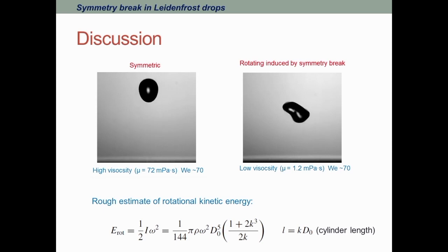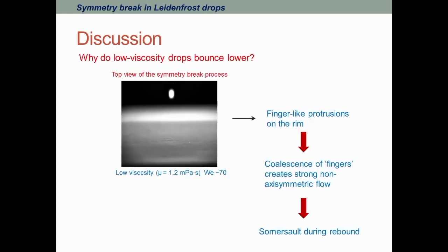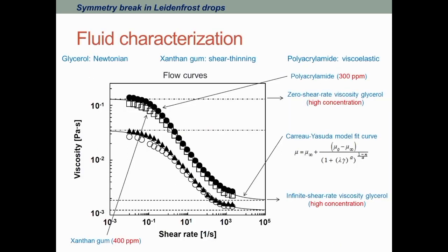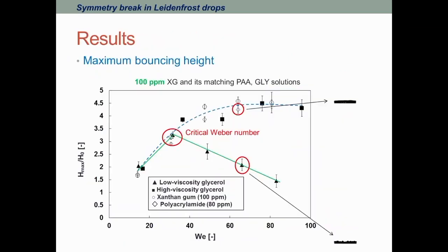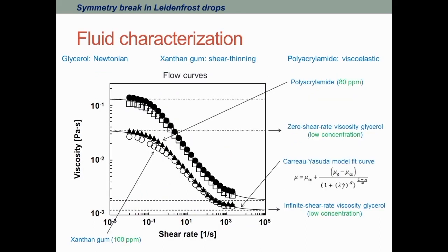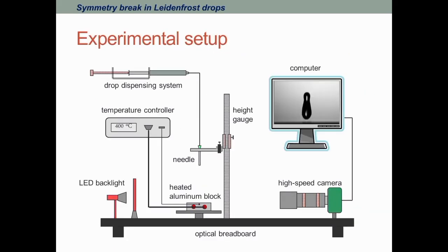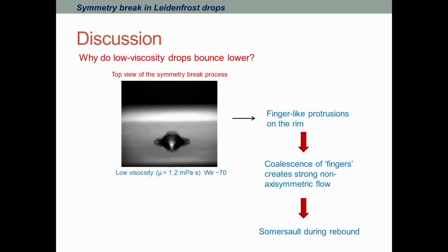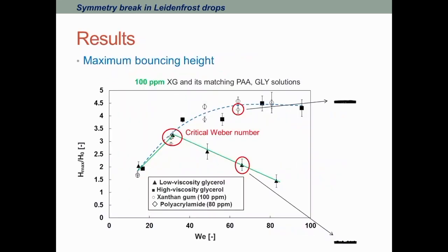So how are you characterizing the viscosity, as some number like high viscosity 72 millipascal seconds, or using the Carreau-Yasuda model? Which viscosity are you referring to in the video you are showing, where it says high viscosity 72 millipascal second, at this impact wave number? So the viscosity when it is impacting the surface.